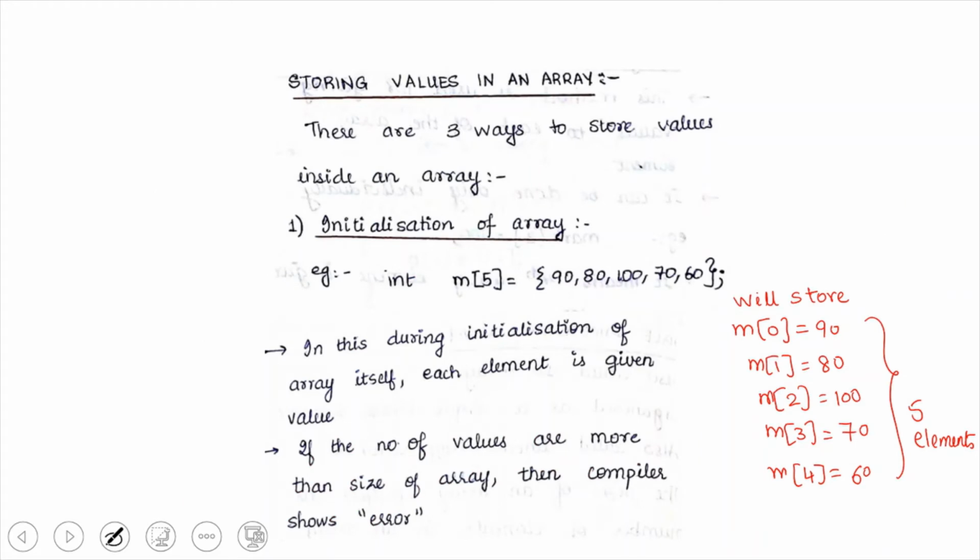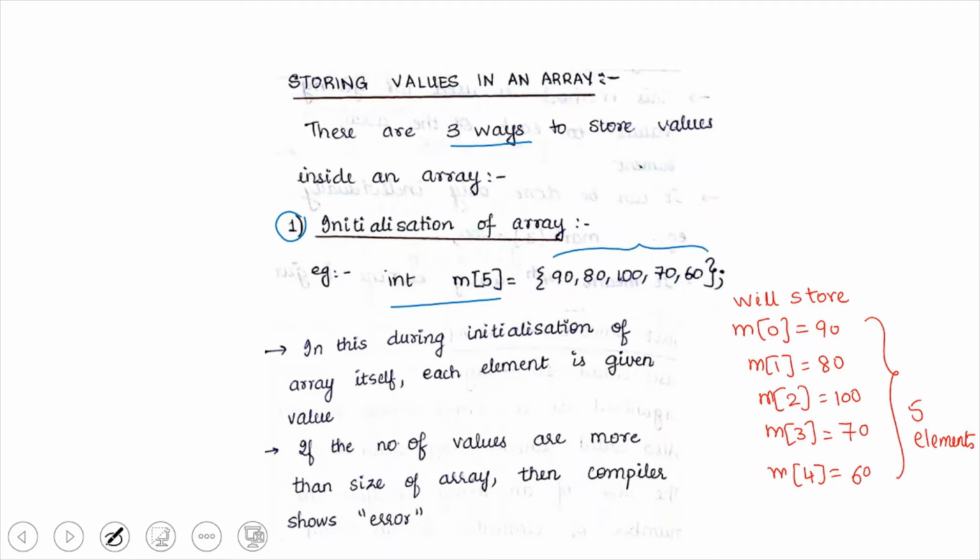Next, let us see how to store values inside an array. There are 3 ways to store the values and let's see the first one. In order to initialize the array, we could give the values inside the program itself. Here M is an array of size 5 and each of the elements stores integers. We are giving the values of these integers over here.